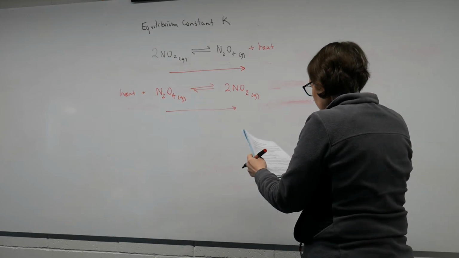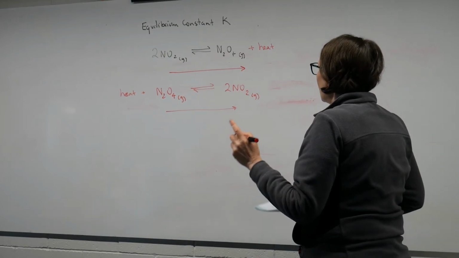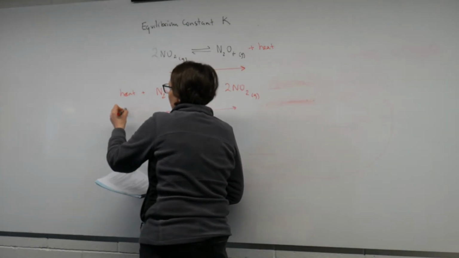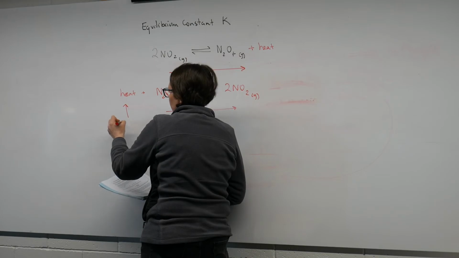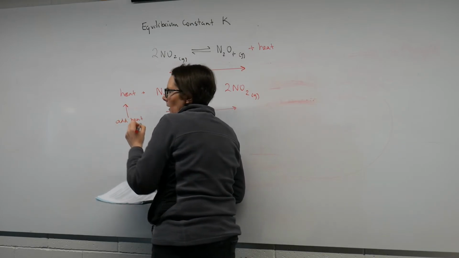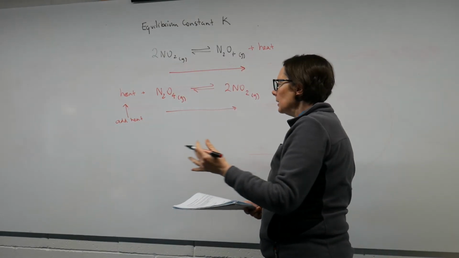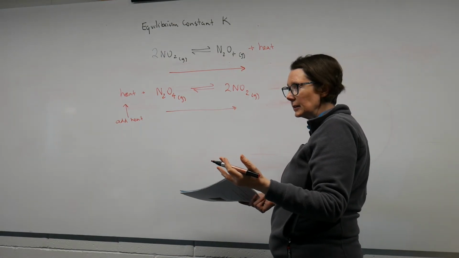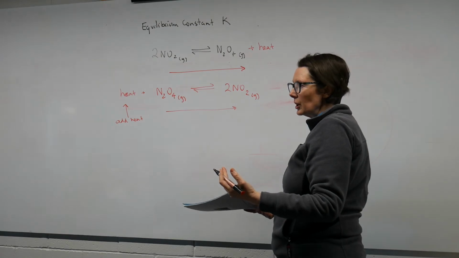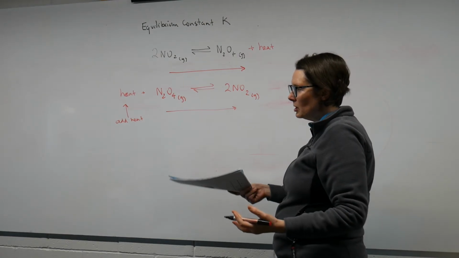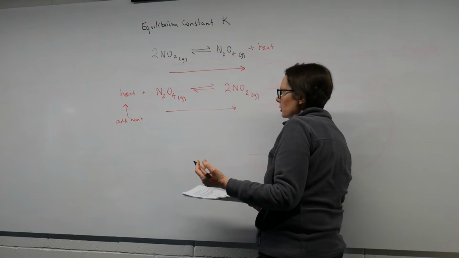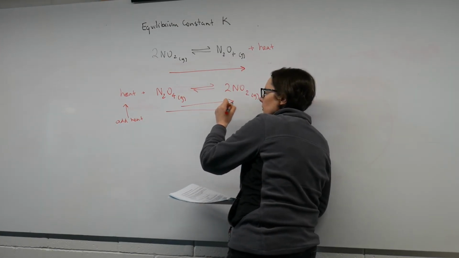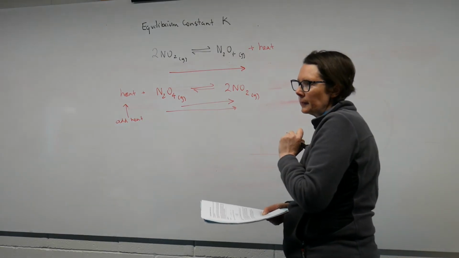And so, what does K do then? If I'm adding more heat to an endothermic reaction, then I'm going to be increasing the concentration, if you like, of a reactant. And what happens is the system adjusts to minimize that change, which we'll get to in Le Chatelier's principle later. But what that does is it therefore favors the forward reaction.